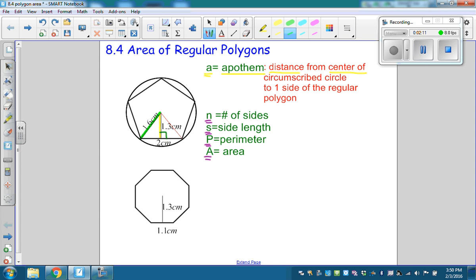And when we look at a regular polygon, there are always equal isosceles triangles in the regular polygon. So like if it's a pentagon, there are 5 isosceles triangles. And if you can find the area of any one of those isosceles triangles, well, then you can find the area of the polygon.